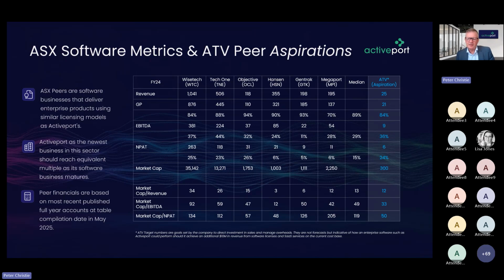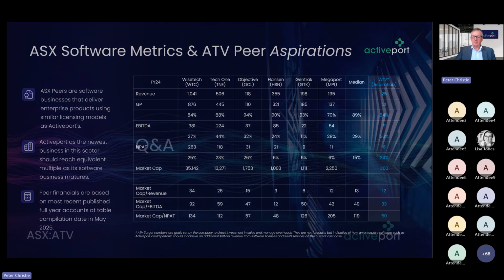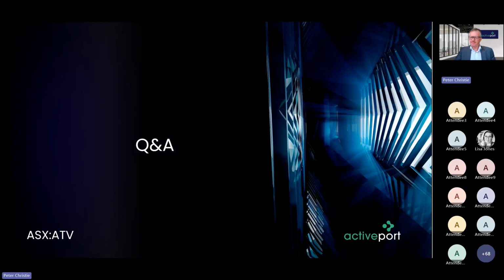If we can achieve those numbers, then if you look at the market cap to revenue across these peers, the median number is 13, which would deliver a $300 million market cap for us. And so we are very, very focused right now on trying to hit that revenue number, and on making sure that we do it from a constant cost base to deliver the EBITDA and NPAT that will deliver that result for our shareholders.